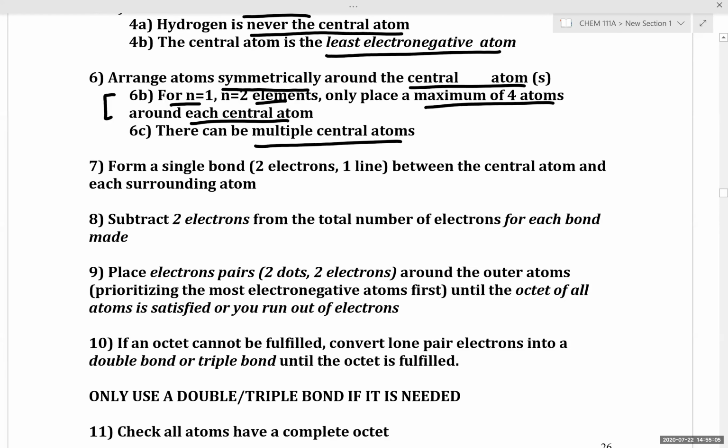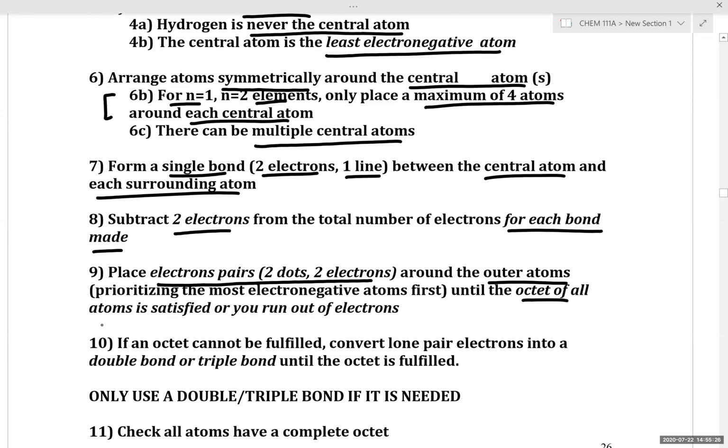Now, first and foremost, you're going to form a single bond, 2 electrons, 1 line, between the central atom and each surrounding atom. Since we formed a bond each, we're going to subtract 2 electrons for each bond formed. Then you're going to place electron pairs around the outer atoms until the octet of all atoms is satisfied or you run out of electrons.